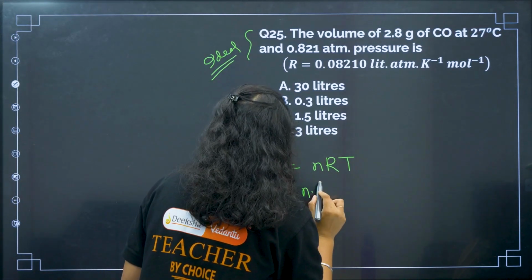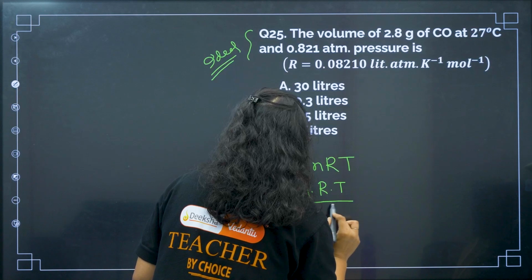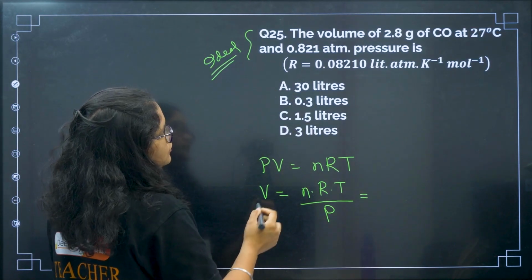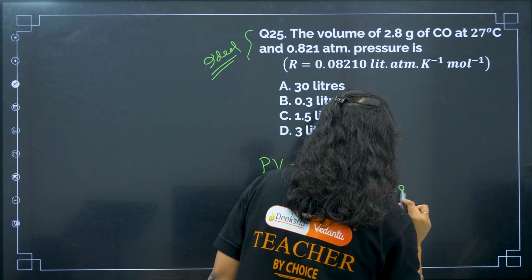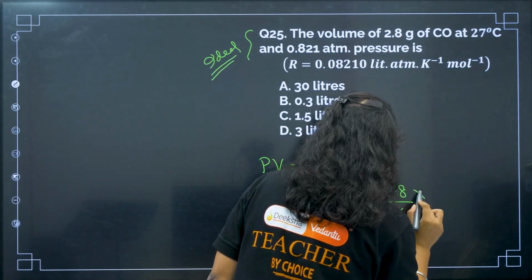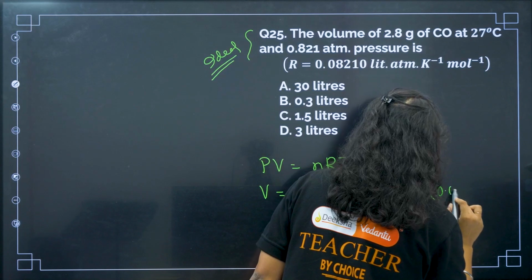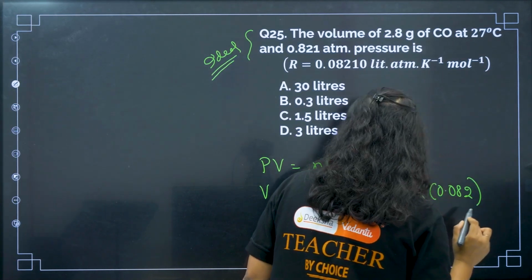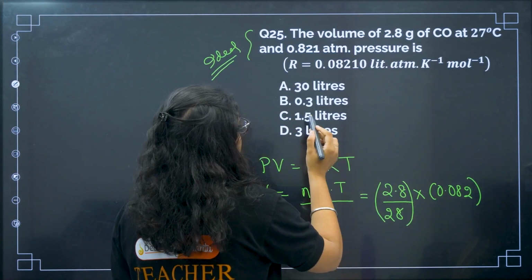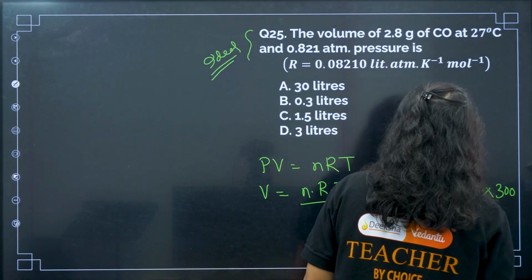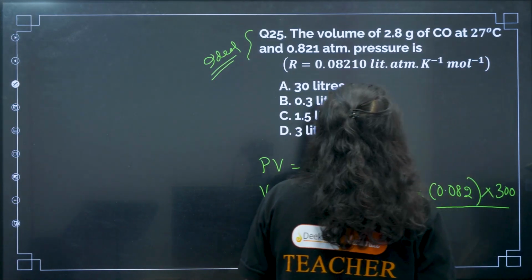Volume will be nRT by P. Now n, let us calculate number of moles. So 2.8 by 28, given mass by molar mass. R value is given to you, 0.082, and temperature is 27, so it is 300.